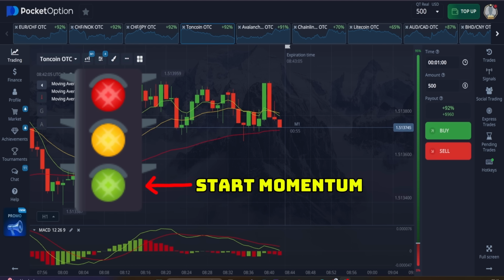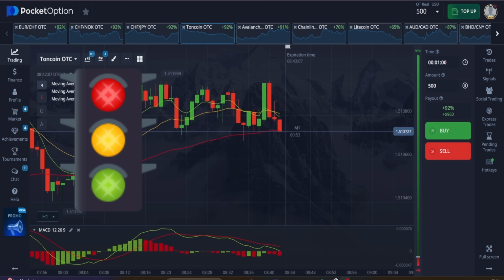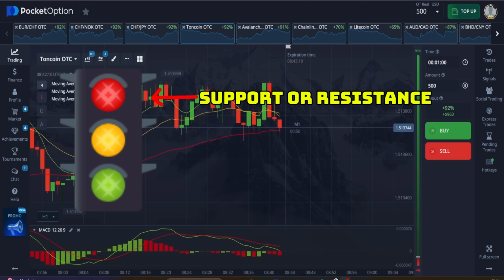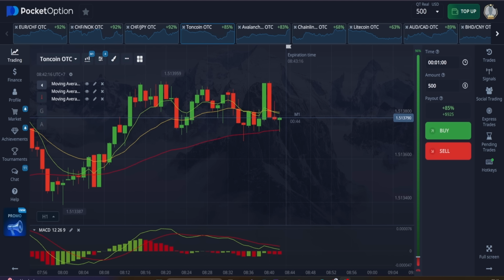The green line indicates the emergence of momentum. The yellow line serves as directional guidance and confirmation, while the red line acts as a major reaction zone where price behavior often changes. The core principle of this approach is simple yet powerful. We trade with the trend, not against it.